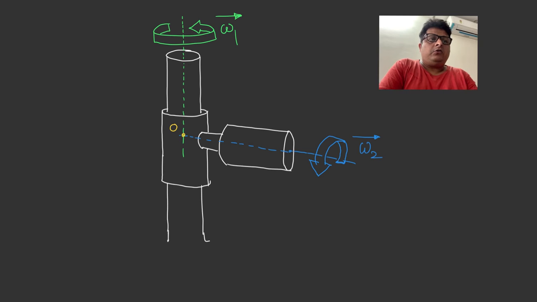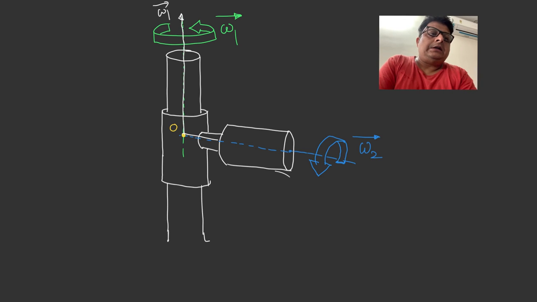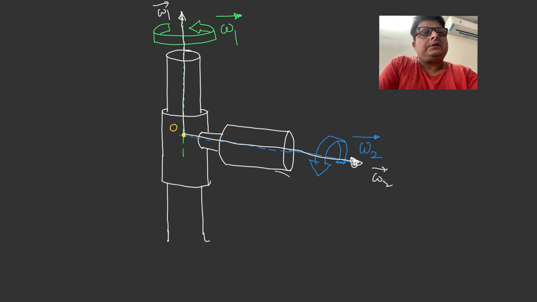The body is rotating about this point. Let me draw the angular velocity vectors along the axes. This will be the omega 1 direction, and this the omega 2 direction, and the resultant angular velocity is the vector sum of these two.